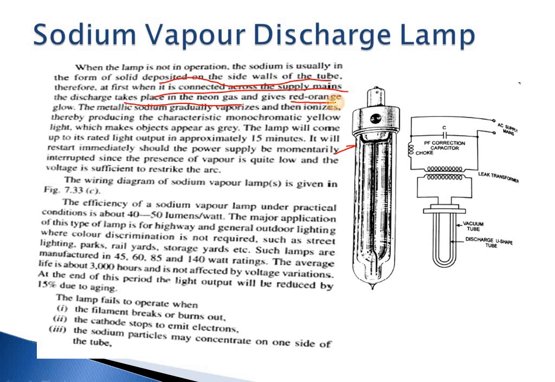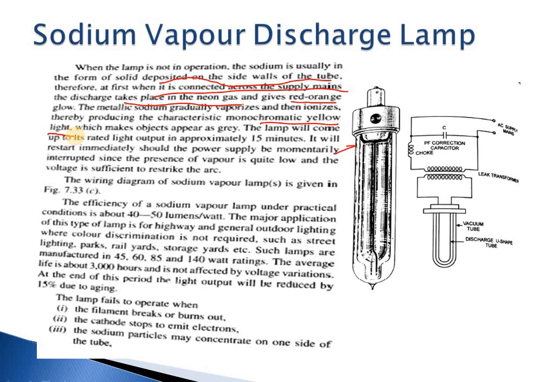The metallic sodium gradually vaporizes and then ionizes, thereby producing the characteristic monochromatic yellow light. We know the monochromatic yellow light can be created by using heated sodium.